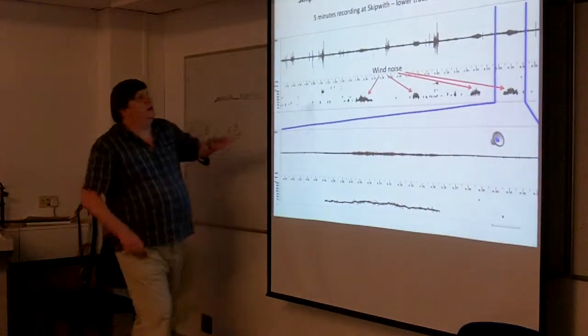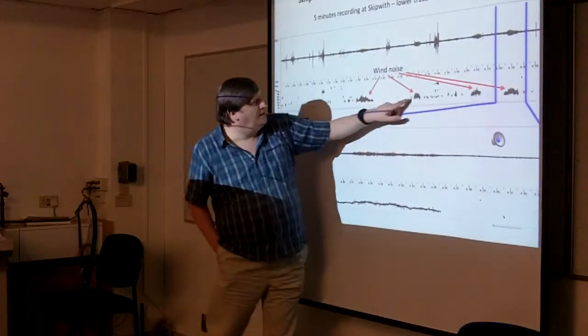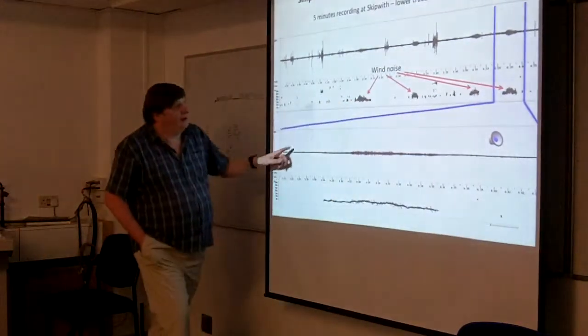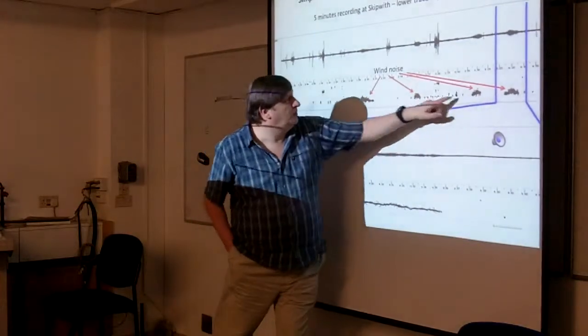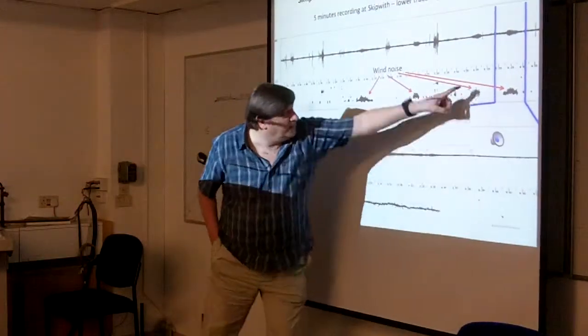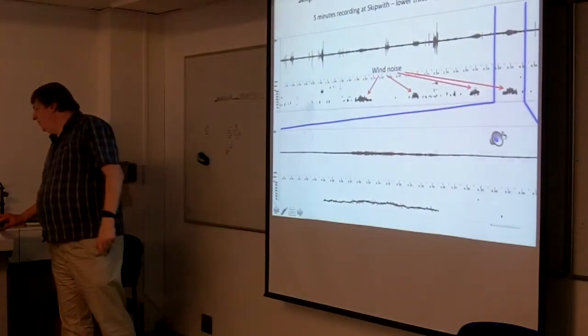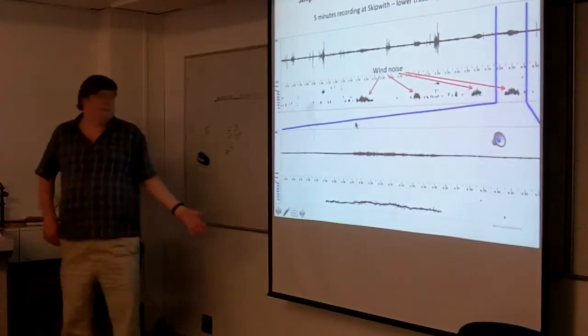We can also measure pitch contour, which is how tuneful the sound is. And in here, if you look, the pitch goes up, particularly when we've got wind noise. And this is just an example zoomed in of that. There's a wind sound, which is actually quite tuneful.